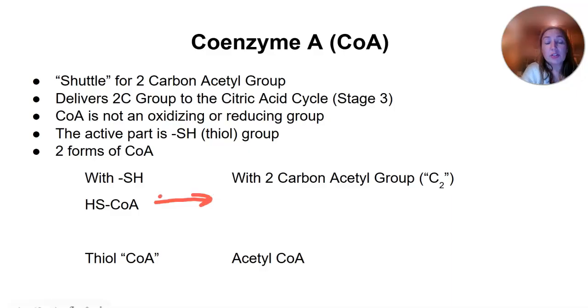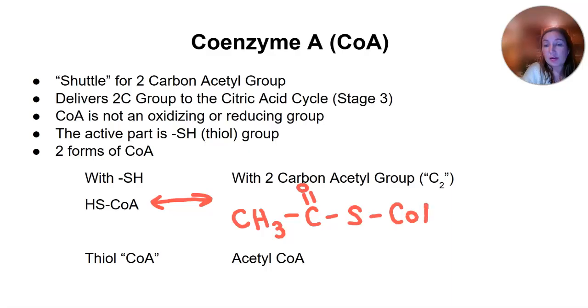Okay, so what does that conversion look like? We'll have a CH3 and then another carbon. That's our 2-carbon group. And then the second carbon is double bonded to an oxygen. And then we'll have our sulfur, and then we'll just write CoA for coenzyme A. So it goes from the thiol CoA, which has hydrogen bonded to sulfur bonded to CoA, and then it goes to acetyl-CoA, which is CH3 bonded to carbon, double bonded to oxygen, so a ketone, and then that carbon is bonded to sulfur and to CoA.